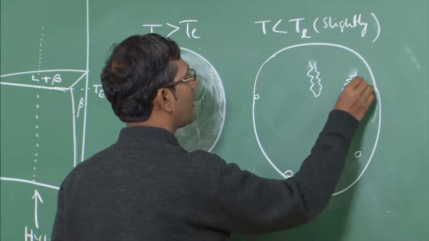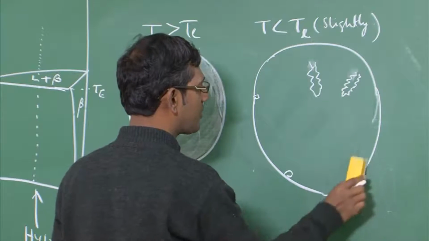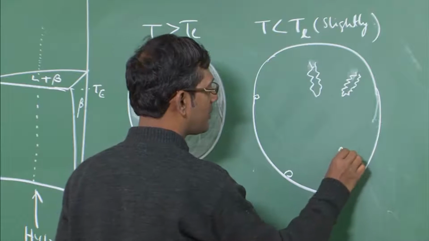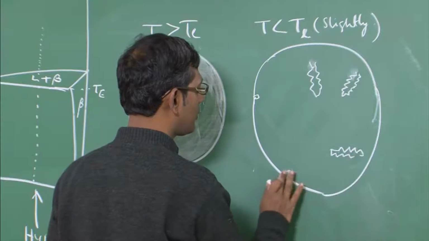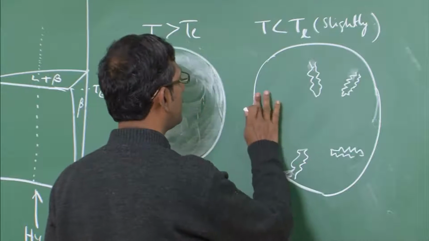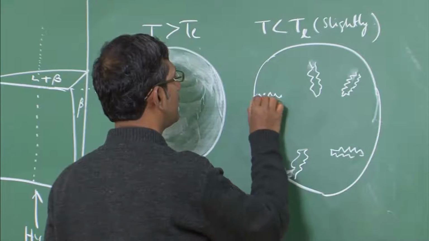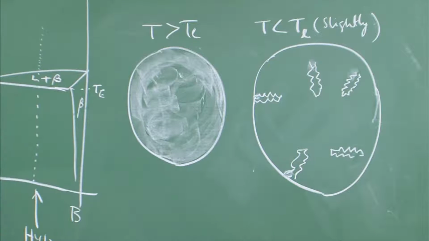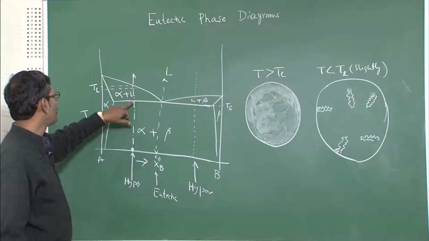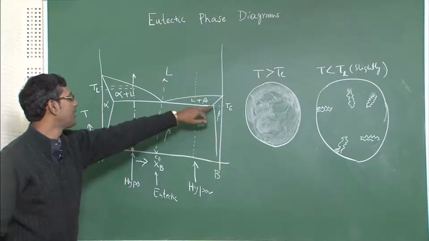You have seen a Christmas tree, so this is like a Christmas tree. So these are the alpha dendrites growing into the liquid. They will keep on growing till the eutectic temperature is reached.